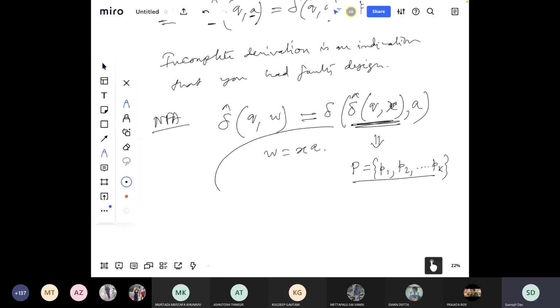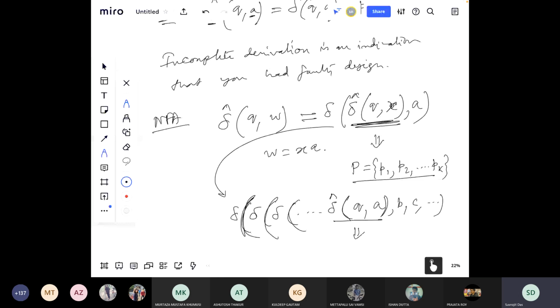And at the core of the recursion, what you find? Del of, you go like this, and you ultimately find del hat of q comma a, the leftmost symbol. And in case of NFA, again this is a set of states, say q1, q2, q3.